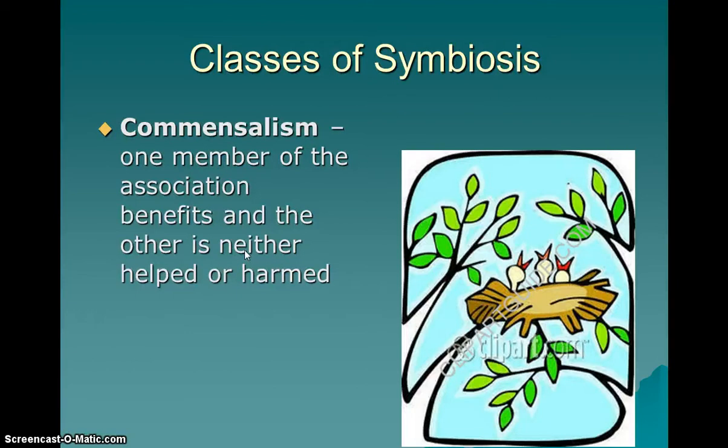Next we have commensalism, which is when one member of the association benefits and the other is neither harmed nor helped. So the tree here is acting as a nest. It's not getting harmed by the birds, but it is helping the birds as it's their home. So you can use these examples. The bottom parts are just showing the examples.